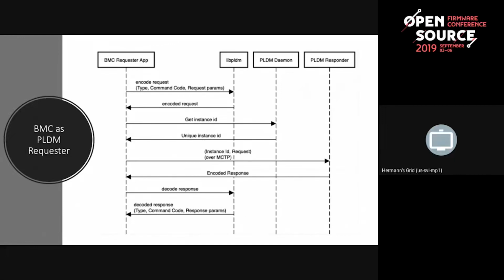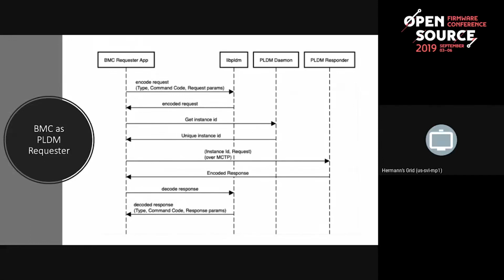Each PLDM request message has to have a unique instance ID that helps route request messages and deal with incoming response messages, because you could have requests sent out concurrently, and you're not supposed to expect responses to come in the same order. So the requester app can get the next unique instance ID via some kind of IPC with the PLDM daemon.